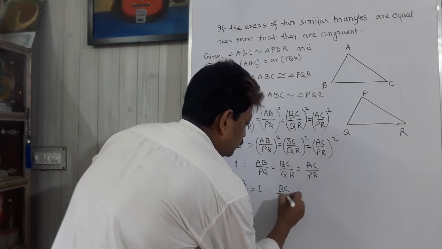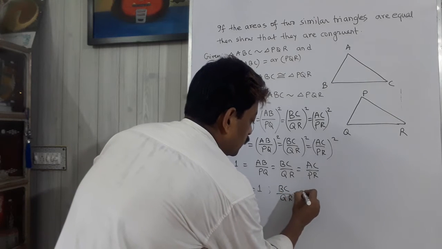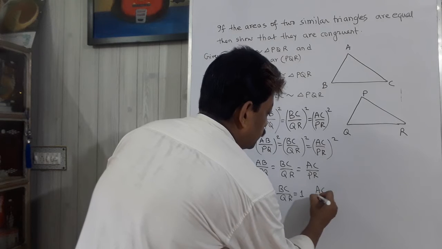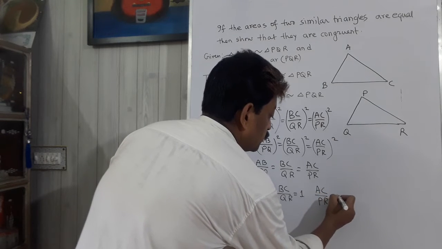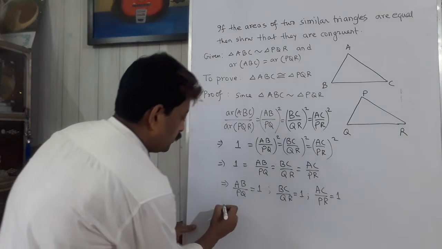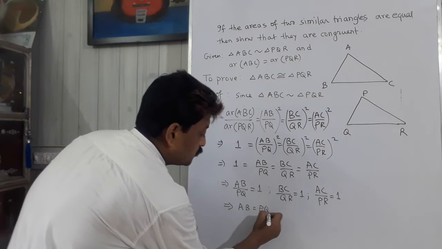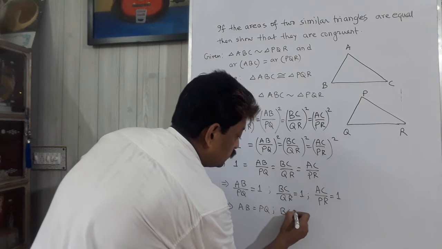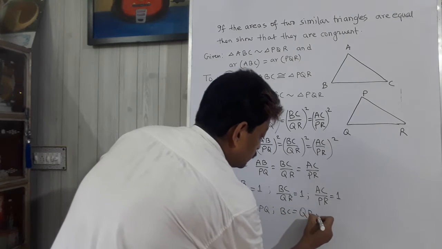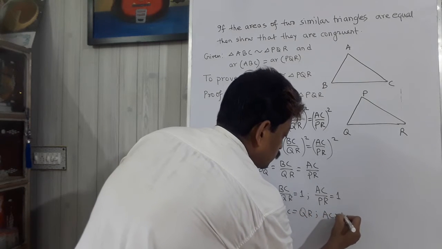BC upon QR is equal to 1. AC upon PR is equal to 1. By cross multiplication, AB equals PQ, BC equals QR, AC equals PR.